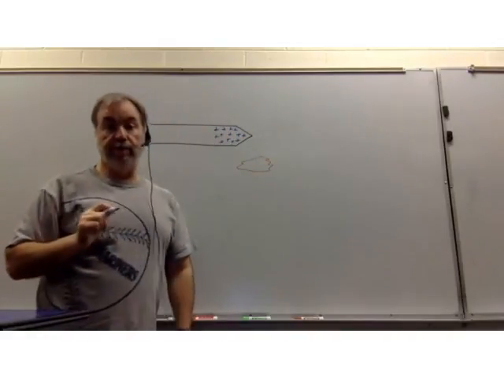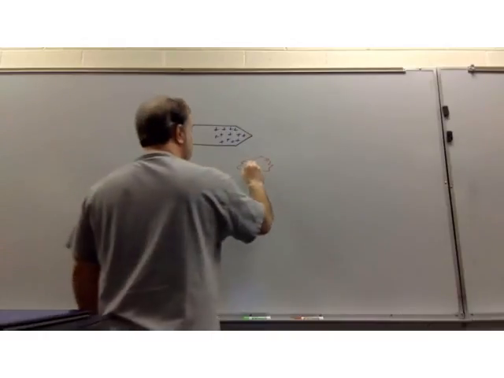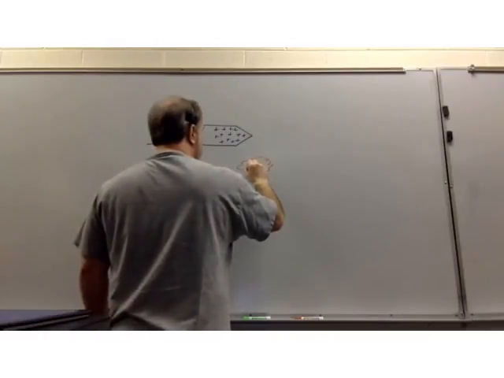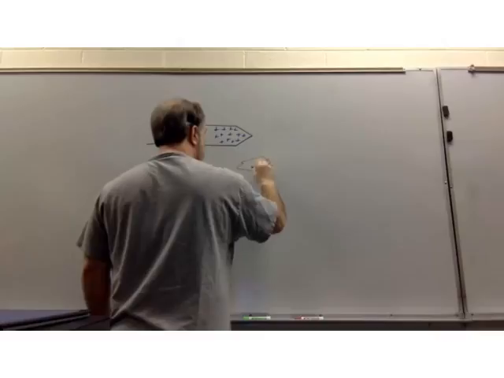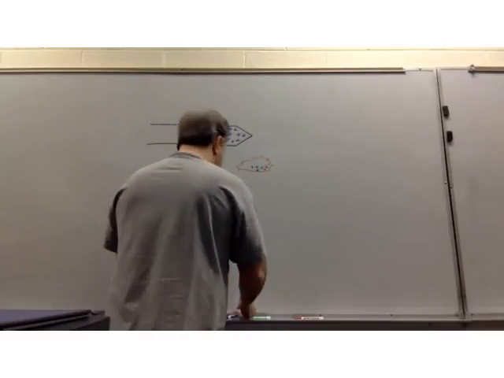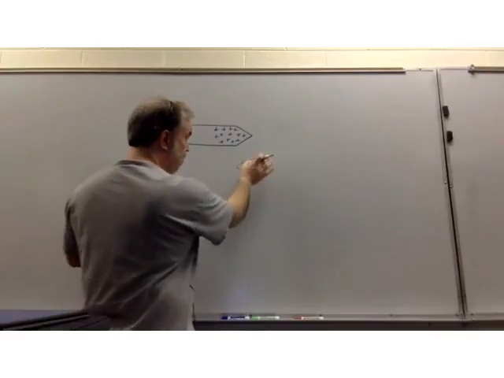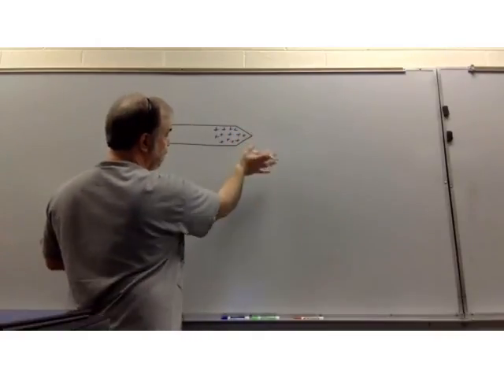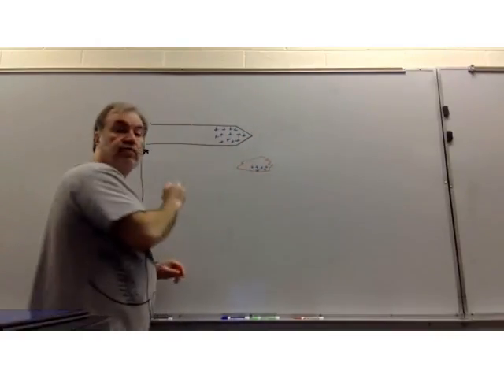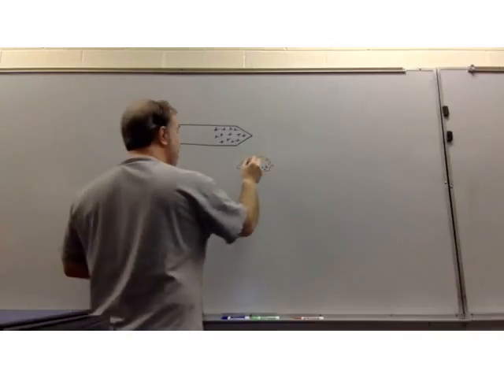Remember, like charges repel each other. So we're going to end up with the cellulose molecules rotating so that the positive sides of them are as far away from the positive charge of the rod as they possibly can.